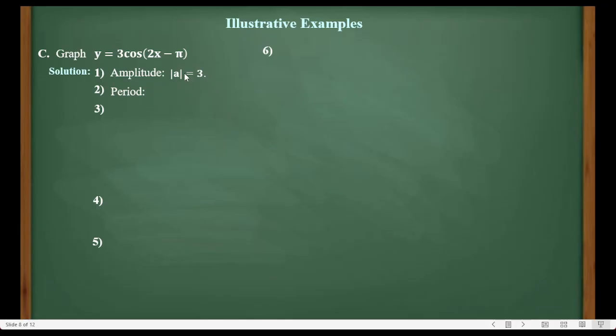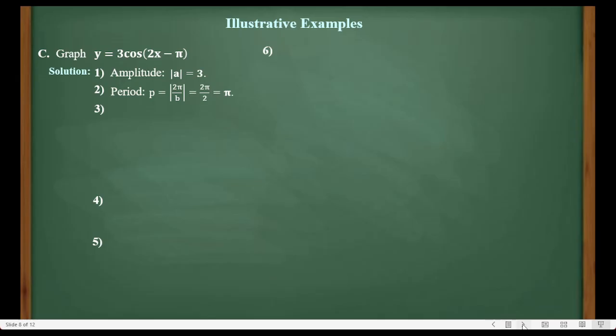So 3 is the amplitude, which is actually the coefficient of cosine, which is positive because of the absolute value from the formula. Then for the period, this can be determined by the formula, the absolute value of 2 pi over b, where b is equal to 2. And that value is taken from the coefficient of x, which is 2. So 2 pi over 2 is pi. So this is the period or the length of one cycle of the graph of this function.